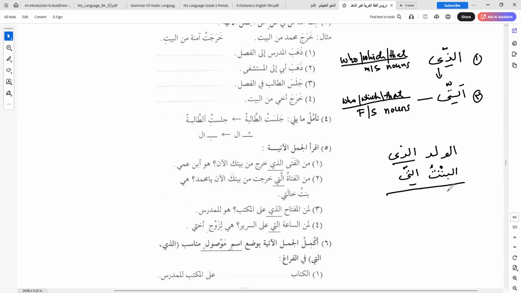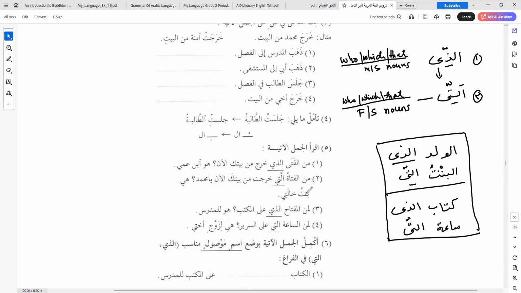And then when you look at, let's say, kitab, a book, kitab is masculine, so we say kitabul ladhi. And then if you take, let's say, sa'a, watch, then you say as-sa'atul lati. So al-waladul ladhi, al-bintul lati, kitabul ladhi, sa'atul lati. So this is what we are going to be practicing here.